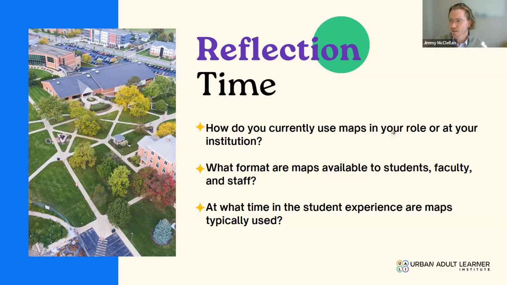I particularly love Kim's comment. Because we're all learning here together, LT and I are learning this too as we're talking about it, but something I'm thinking about is how maps in a lot of ways can be one of the first experiences for any student, but particularly our adult learners who may not be on campus as much as our 18-year-old or fresh-out-of-high-school learners, to see the whole campus for what it is.